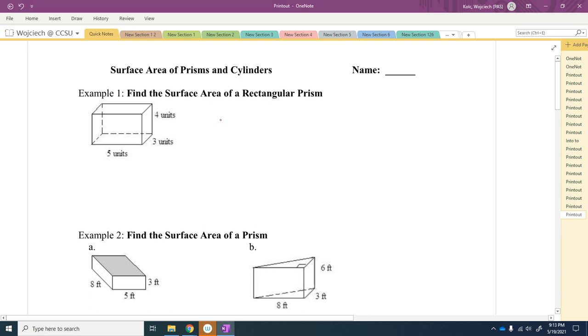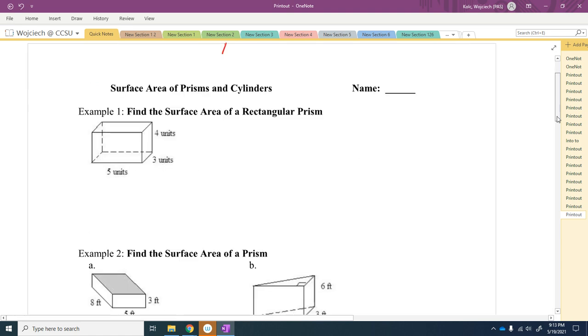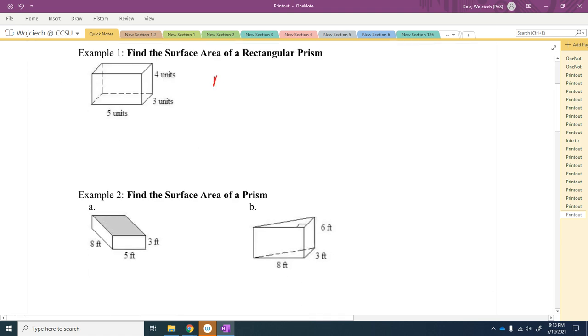One way to explain this is to talk about a net for a second. Net means if you open this, you will get something like this.